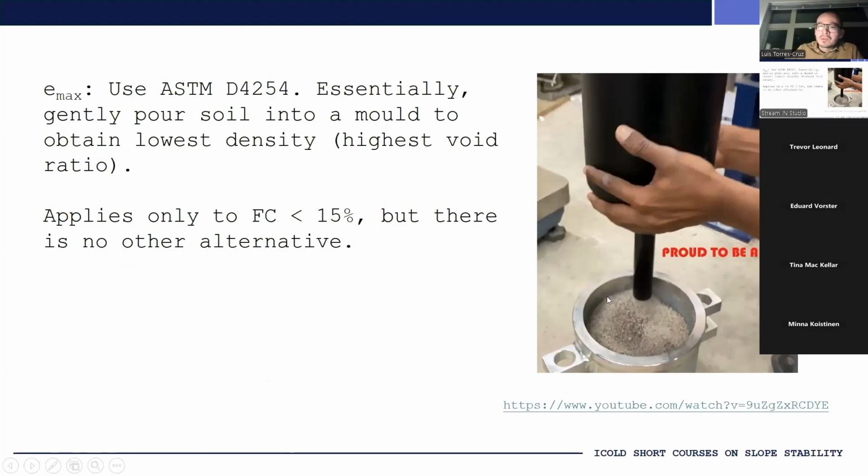You funnel your soil gently into a container that has a known volume, and you try to establish the soil in as loose a condition as possible, in other words, as low a density as possible, and you determine the associated highest void ratio, or Emax, okay? And as I said, this applies only for fines content smaller than 15%, but you use it if there is no other alternative.